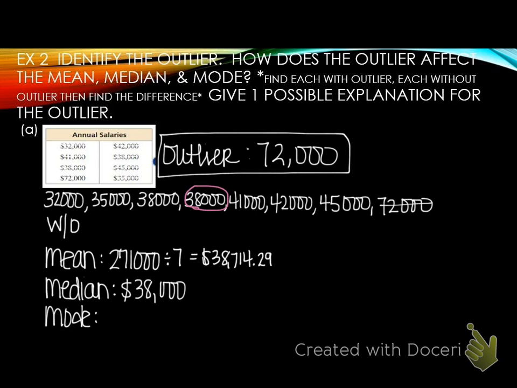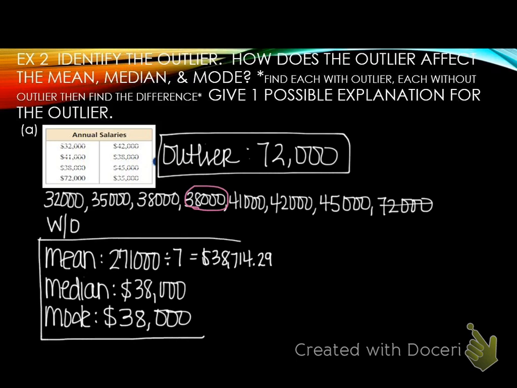Again, we're not considering the outlier right now. That's why I have it crossed out. What is the mode of this list of data? 38,000. Why? How many times is 38,000 in the list? Is it the only number that shows up twice? Yes. So this is our first piece of information that we're going to box in. This is our mean, our median, and our mode without the outlier.